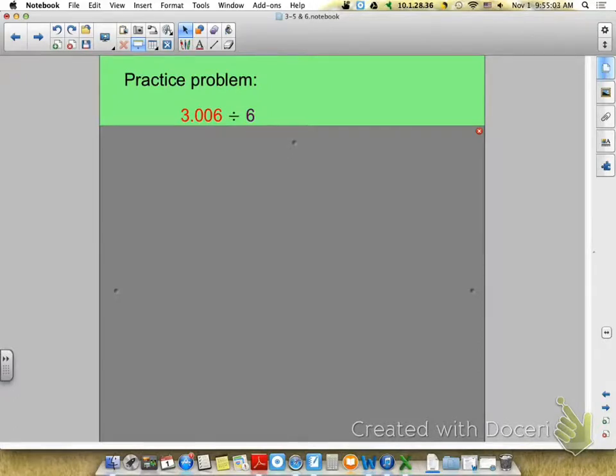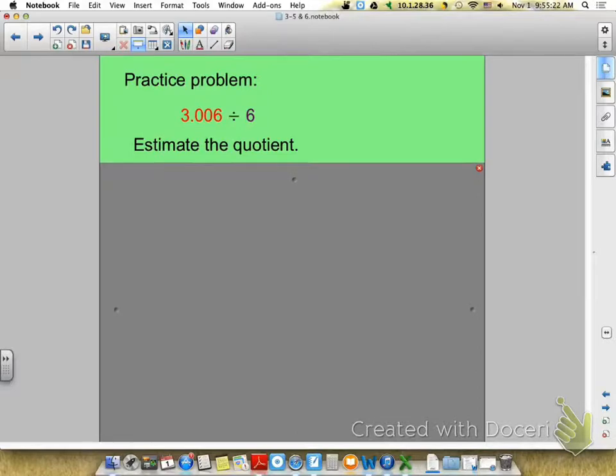Think of it as a fraction. Isn't 3/6 the same as 1 half? Yeah. Exactly. And what is 1 half in decimal form? 0.5. Okay? So my estimated answer is going to be 0.5.